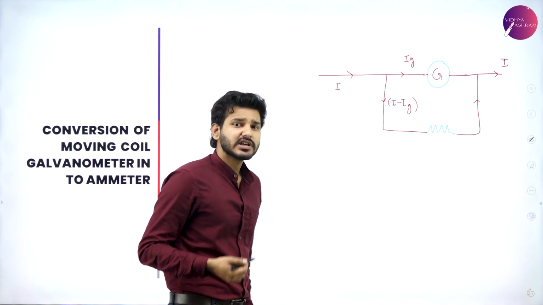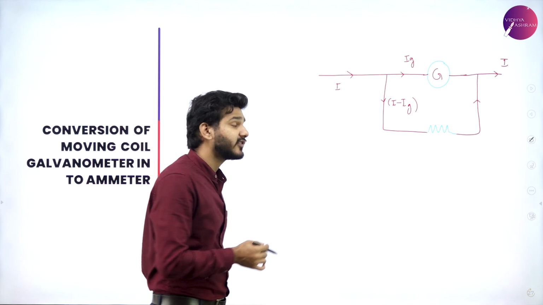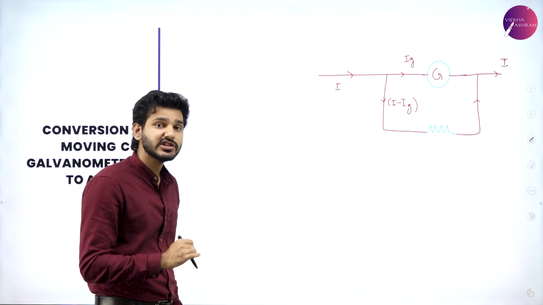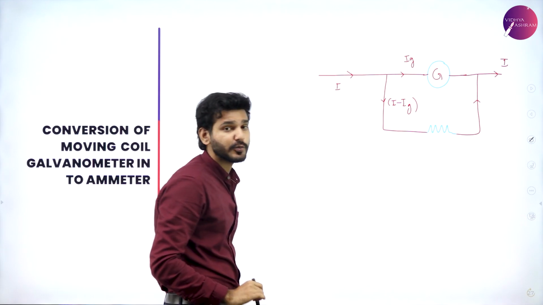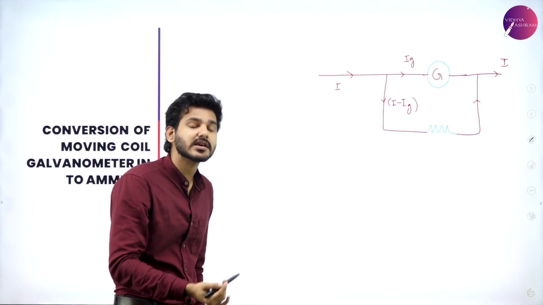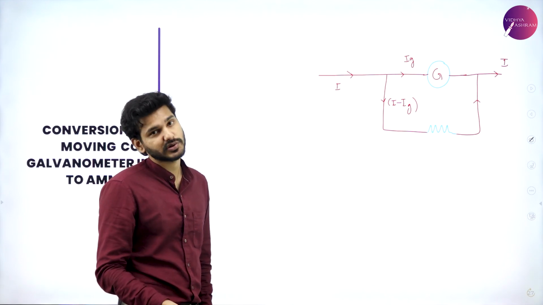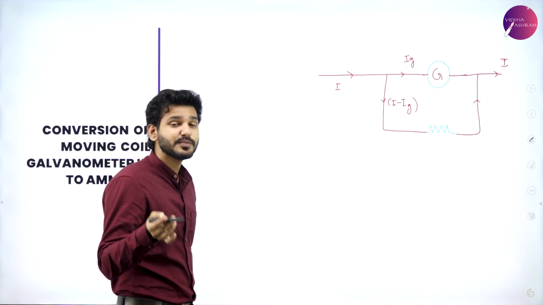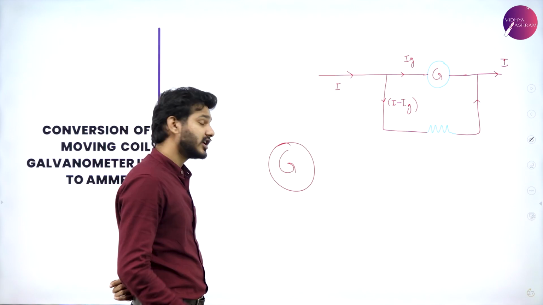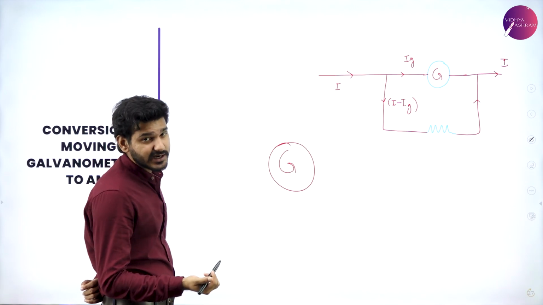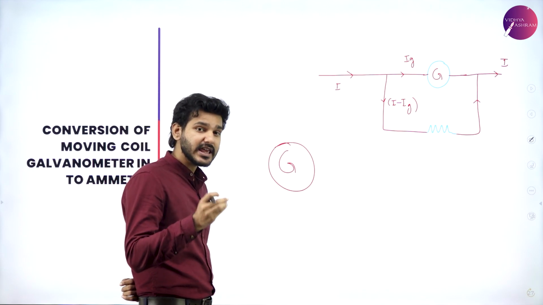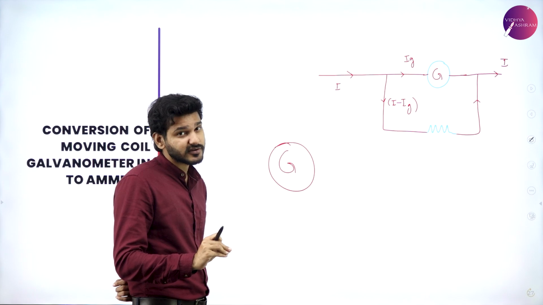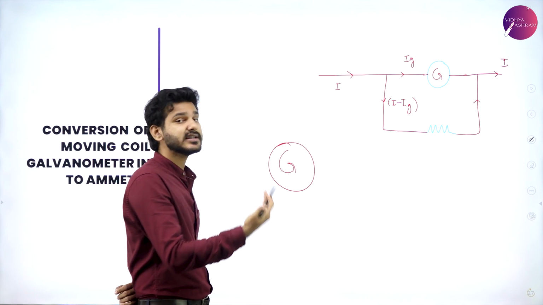The actual working principle behind this phenomenon is that I have to ensure that the amount of current passing through this galvanometer reflects the exact amount of current that is passing through the circuit. The problem is that a galvanometer is actually designed to measure very low amounts of current. It is just there to detect current flow.